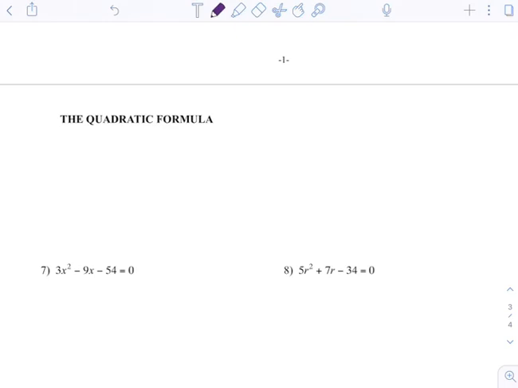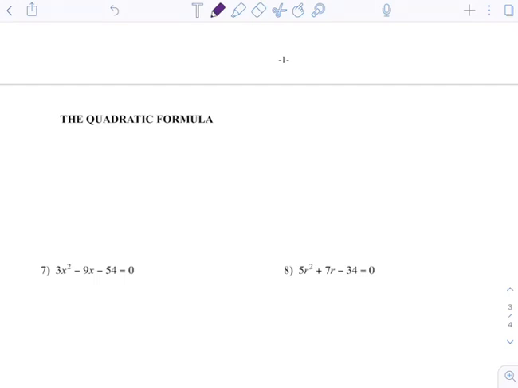Now, the quadratic formula is super important because you could use the quadratic formula to solve any type of quadratic equation. Even though you could solve by factoring and you could solve by taking the square root, you could also use the quadratic formula no matter what. And it's super important to know the quadratic formula because sometimes you'll have things that you cannot factor.